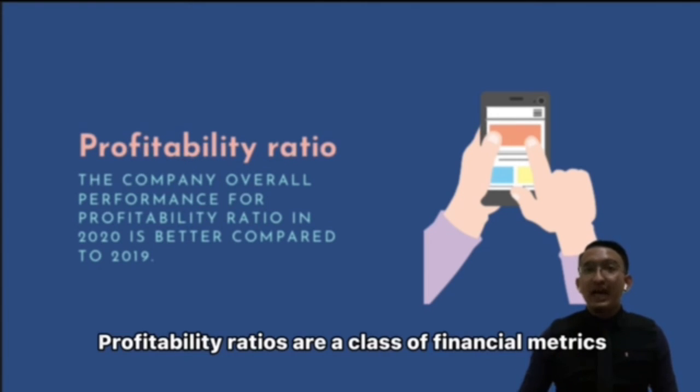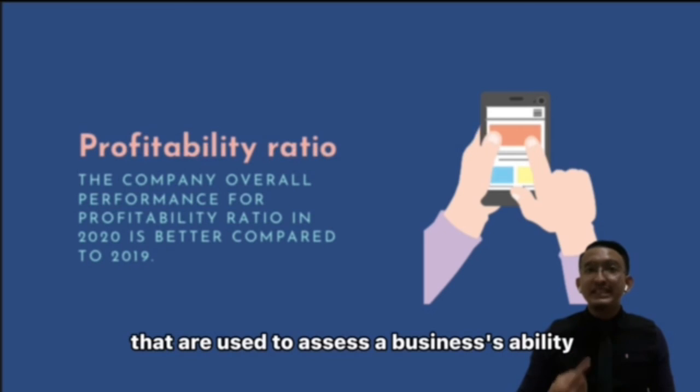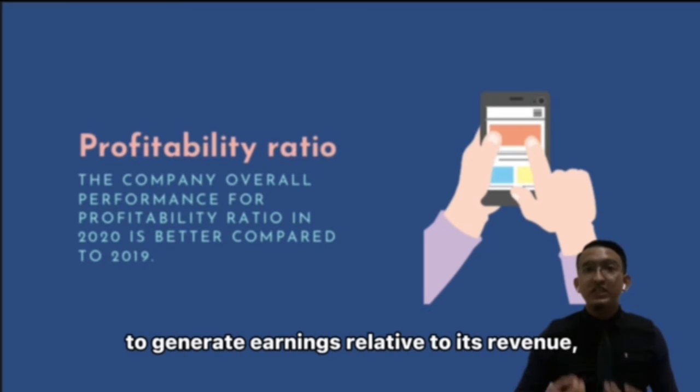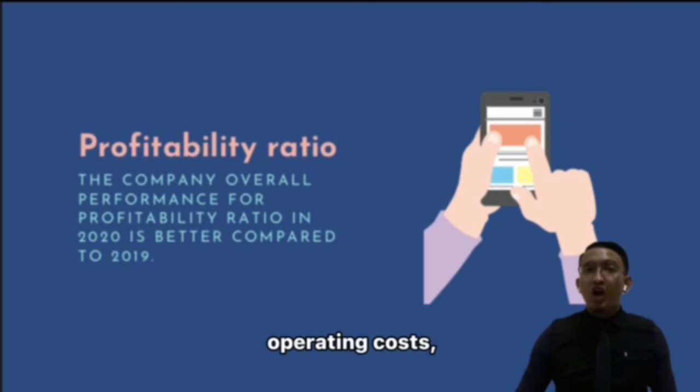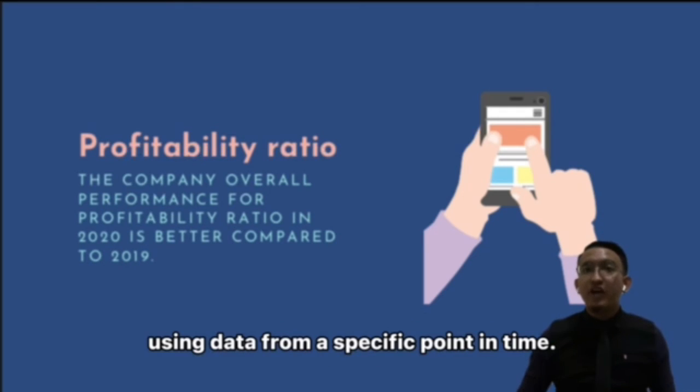Lastly is profitability ratio. Profitability ratios are a class of financial metrics that are used to assess a business's ability to generate earnings relative to its revenue, operating costs, balance sheet assets, or shareholders' equity over time using data from a specific point in time.